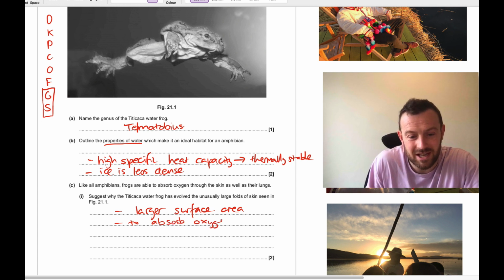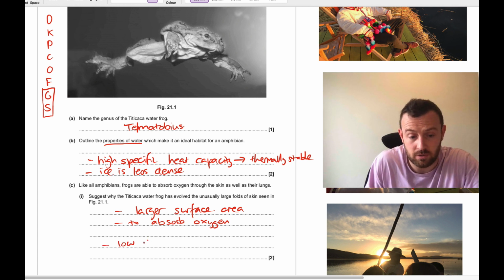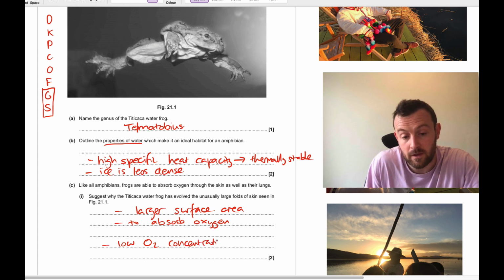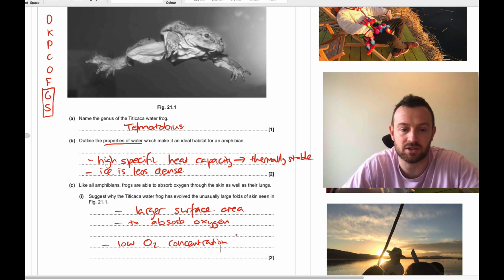And the reason why it's helpful to know that this is a high altitude lake is because there's a low oxygen concentration in the water, because there is less oxygen the higher up you go, and at 3,800 meters, more or less, there's not that much oxygen. It's quite difficult to breathe up there coming from sea level.